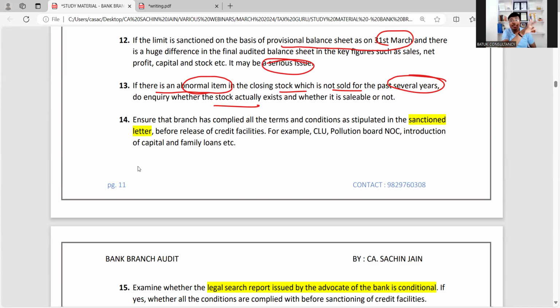In that case, this is an indication कि वो stock है नहीं. This is a fictitious item in the books of accounts. So when you calculate the drawing power, you need to remove that stock, and then calculate the drawing power, and based on that calculation, if there is a decrease in the DP, in that case the account should be classified as NPA. Okay, so this type of analysis is required.